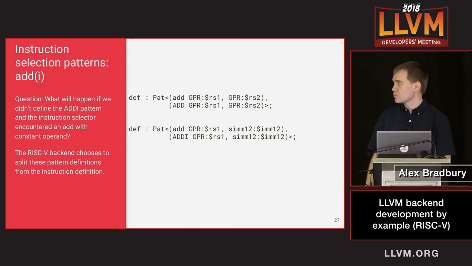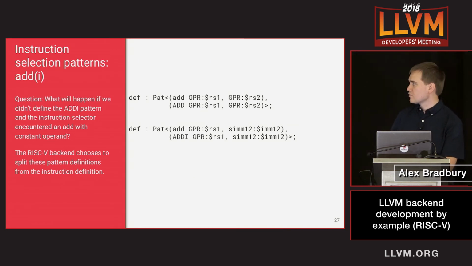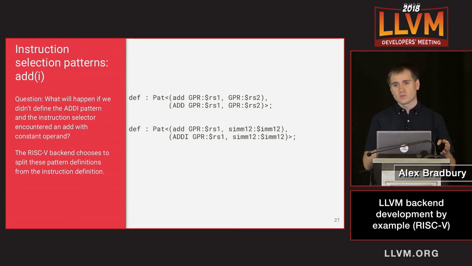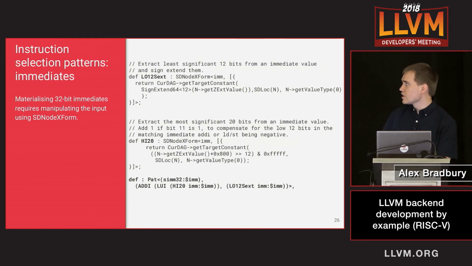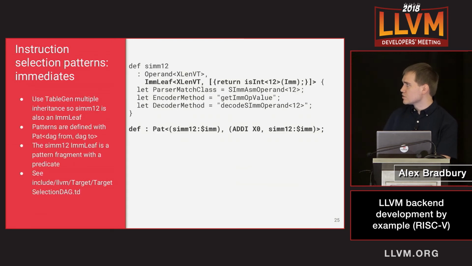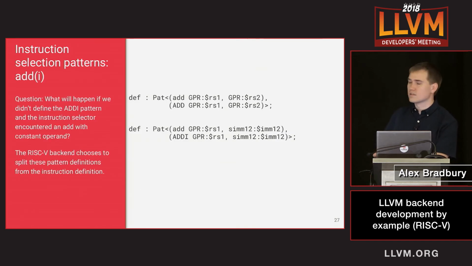If we hadn't specified this and we encountered an input SelectionDAG which had an add with an immediate operand, the instruction selector would just go back to the immediate materialization code. It would load it into a register for us, and then we'd be at the point where we can match the add with two register inputs.